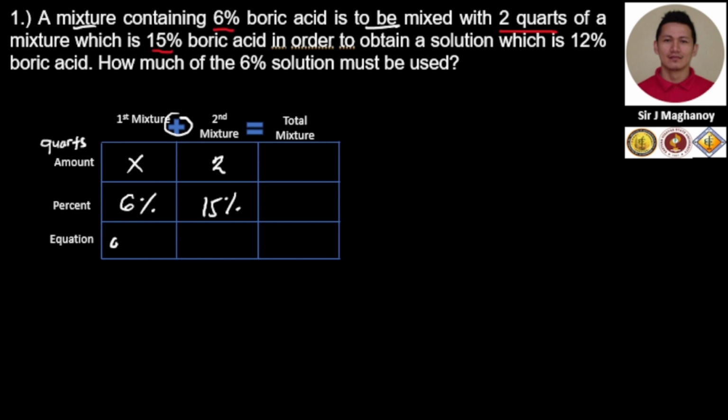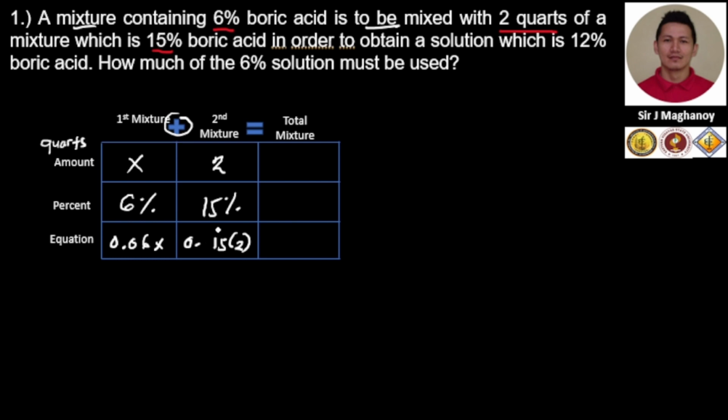That is 0.06x. How about this one? That is 0.15 times 2. Both of these are the same mixture. They are the same boric acid.